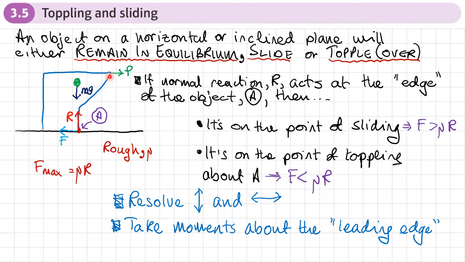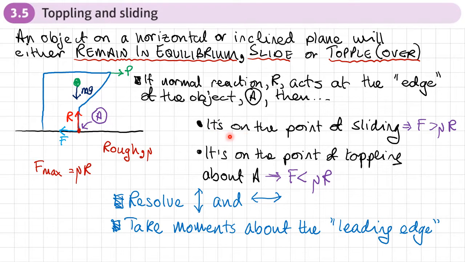Okay, so I've now changed my diagram. I've still got a pulling force, I've still got a centre of mass, but the shape has changed so that the centre of mass lies directly above the edge of the shape. So this time the normal reaction acts at the edge of the object at this point A, which is right in the bottom corner. So if we've got a normal reaction acting at the very edges of the base, so that could be this side or this side on the left over here, it's doing one of two things.